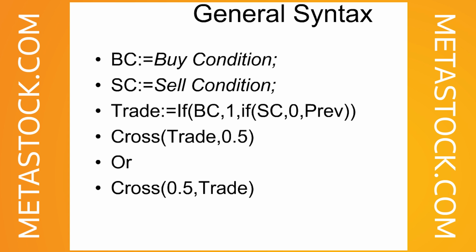If it's in a state of 0, we have a sell condition. And the 0.5 is just because it's halfway in between 0 and 1, it just allows us to check the change from 0 to 1. It's crossing, checking to see if trade, when trade crosses above 0.5, it's on its way from being the sell condition to a buy condition, and vice versa.